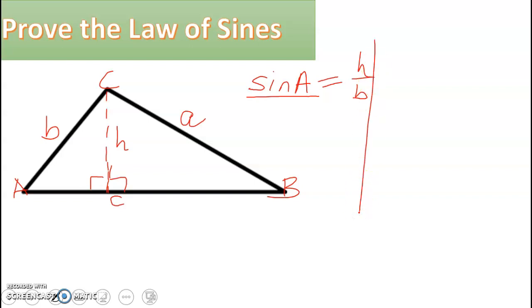If we solve for h, we cross multiply and get b times sine A. Do the same thing on this other side.